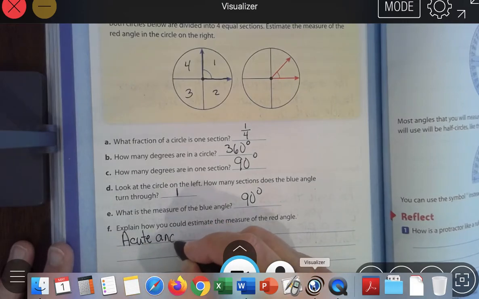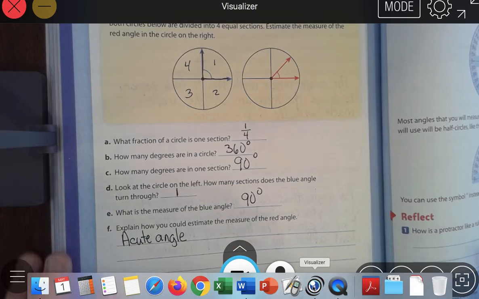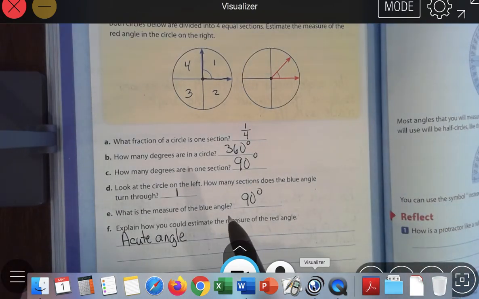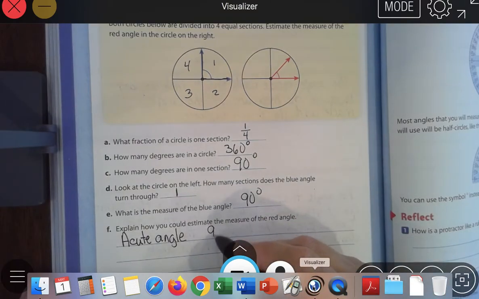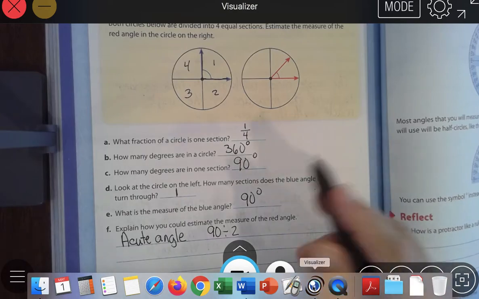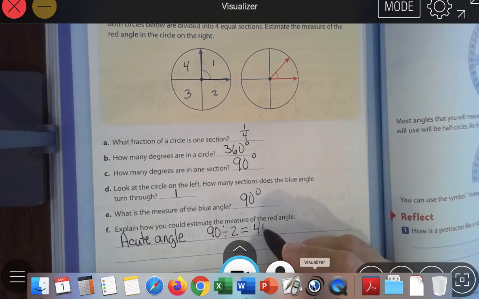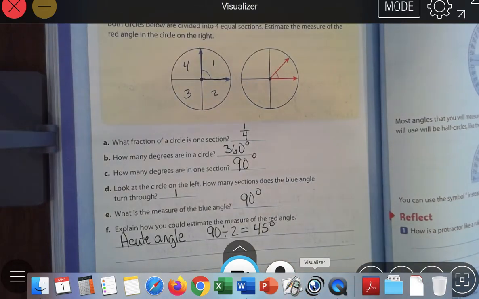It doesn't ask you that, but that's just a good little refresher from last week. And it looks like it's about half of 90. So if we know that 90 divided by 2, which is the same as dividing something in half, I'm going to estimate that the red angle is about 45 degrees.